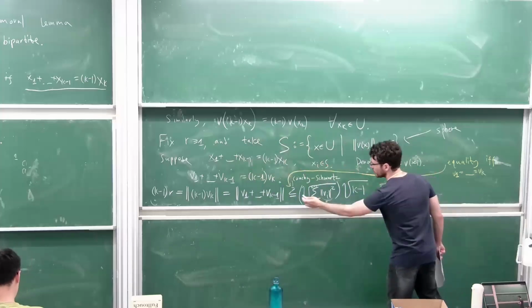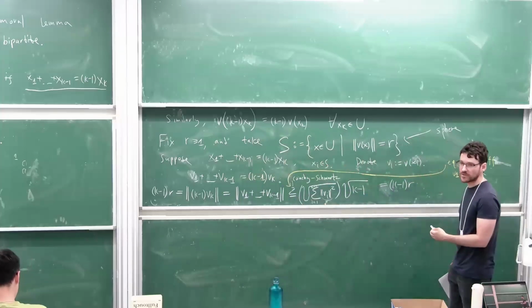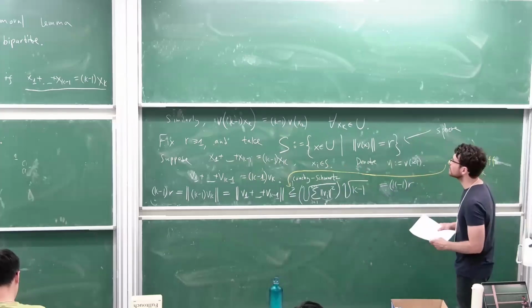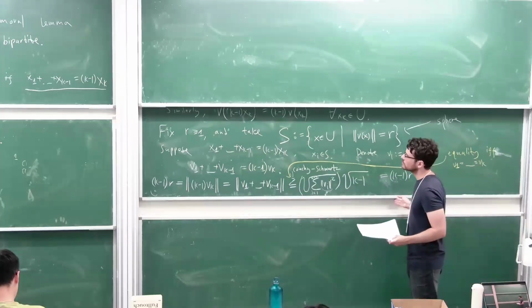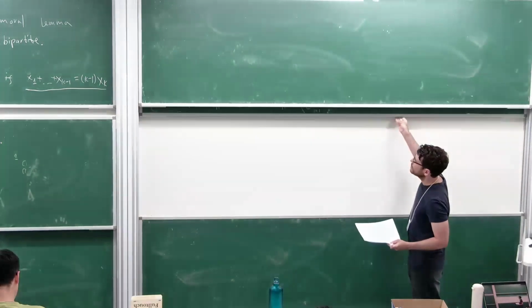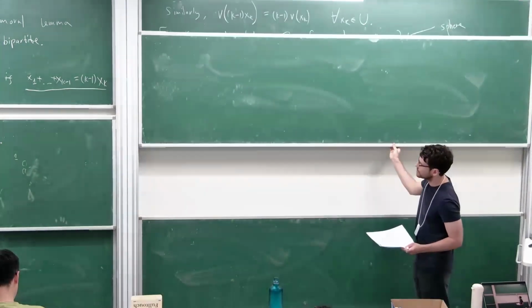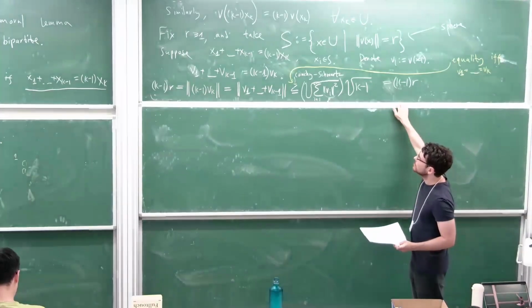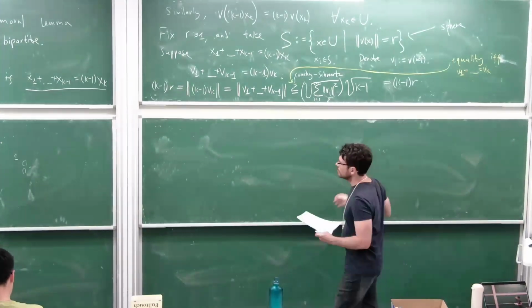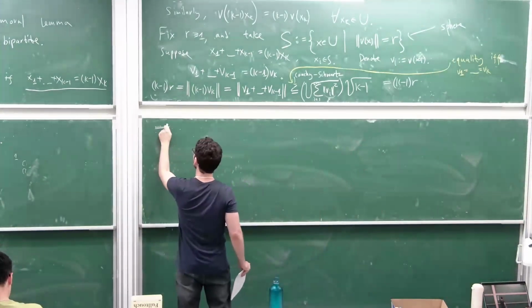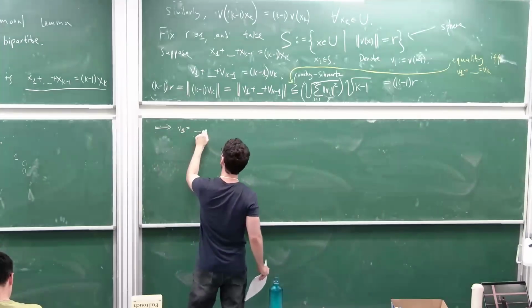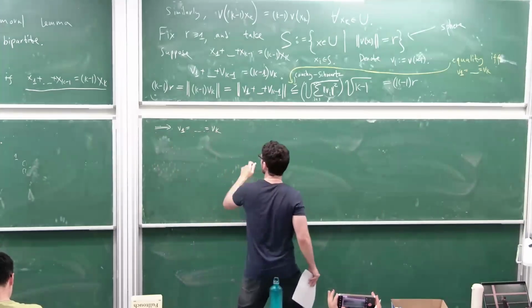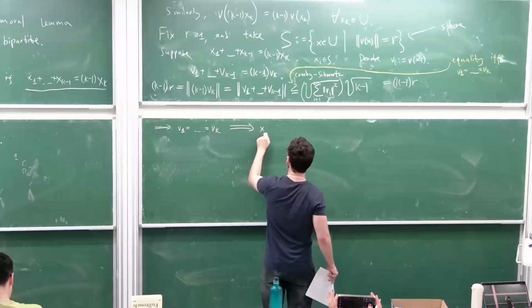So we must have equality here, and that means that all of the i's are the same. This then means that all of the x are.